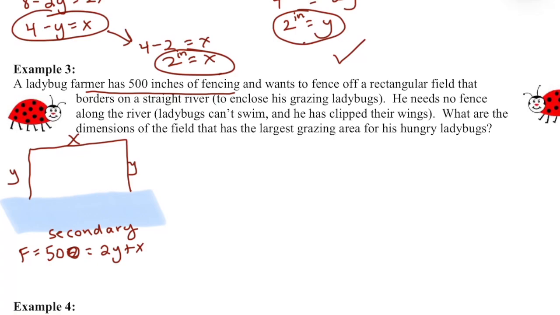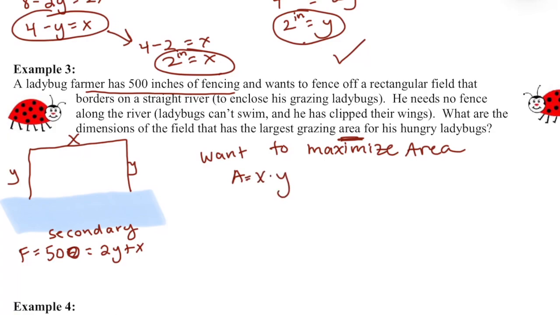The question says, what are the dimensions of the field that has the largest grazing area for his hungry ladybugs? So I want to maximize area again. Okay. So even though I'm missing that fourth side, the area of this thing will still be x times y, length times width.